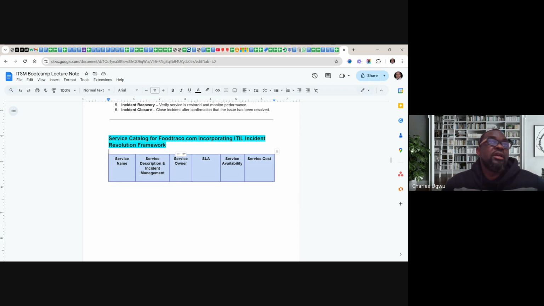This is entirely the duty of the ITSM manager to decide the way the company is going to manage all these services by assigning different units. We call them agents, different agents within the ITSM unit.